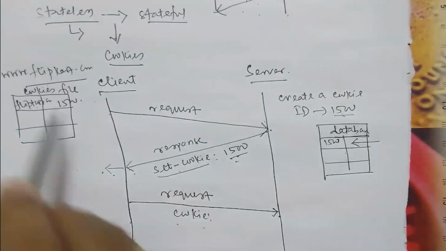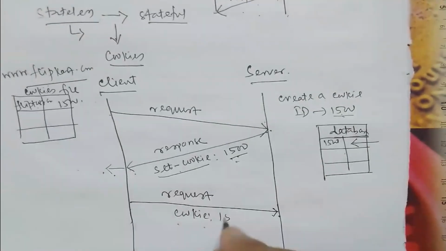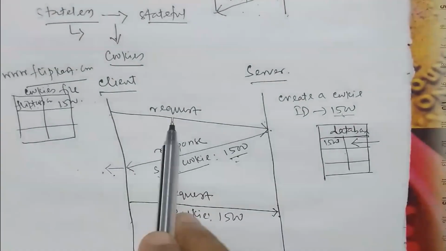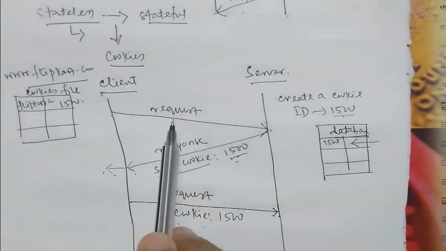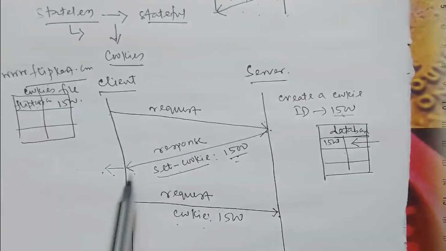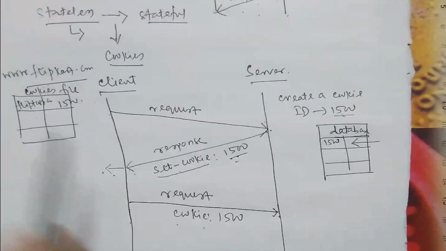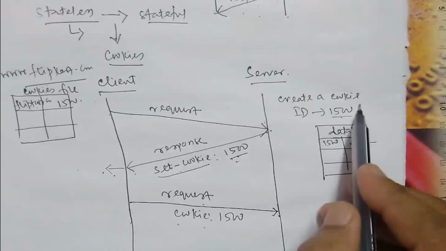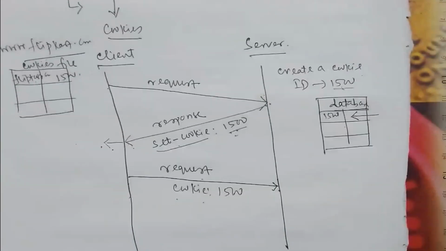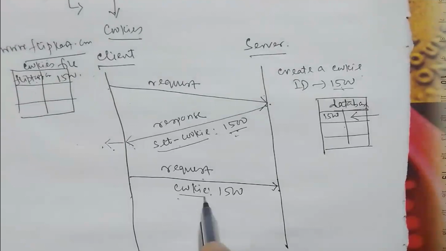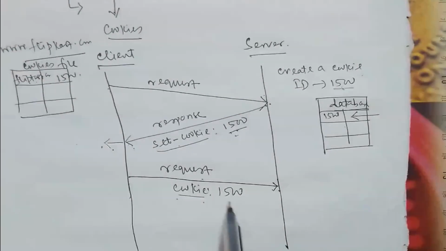For the first time it has not gone, because no cookie ID had been created by the server for you. But the second time, as you have already saved it, whenever you send a request to the same server, the cookie ID is fetched from your cookie file and sent along with the request message.